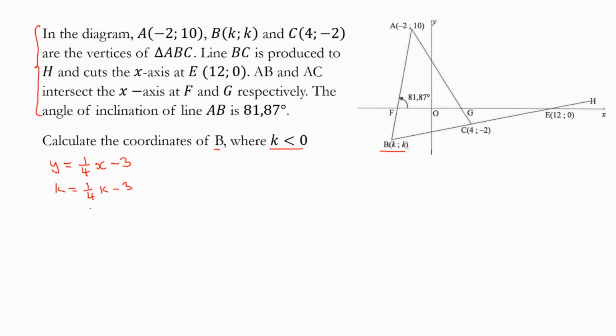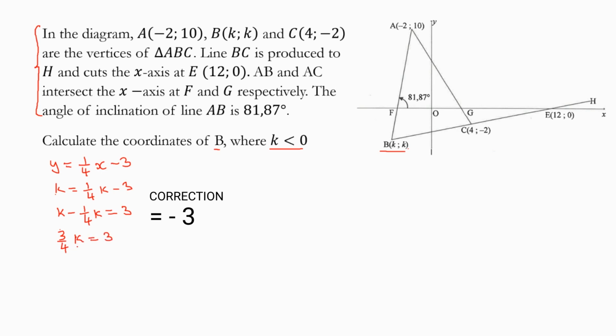Then we can bring this side over: k minus 1 over 4 k is equal to 3. What is 1 minus 1 over 4? It is 3 over 4. So we have 3 over 4 k is equal to 3.